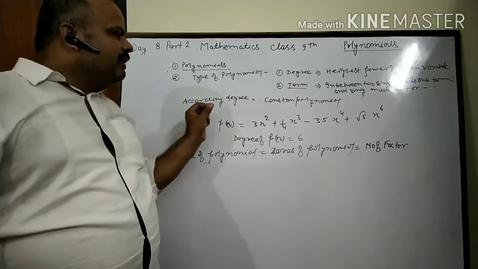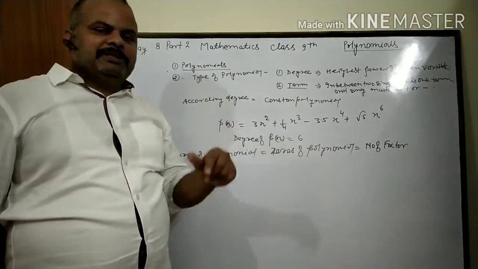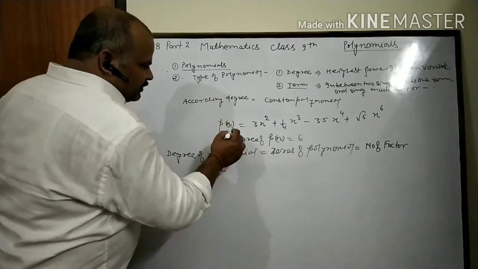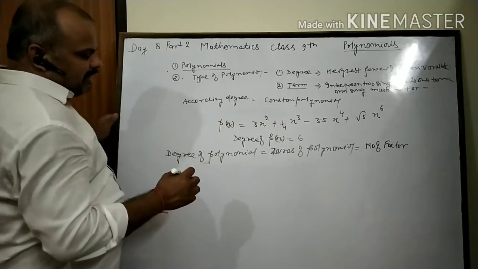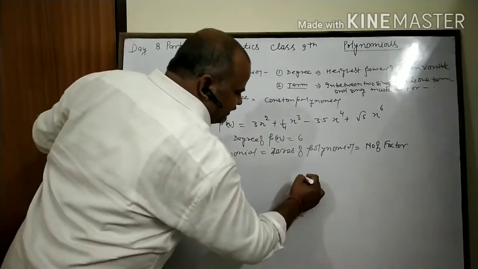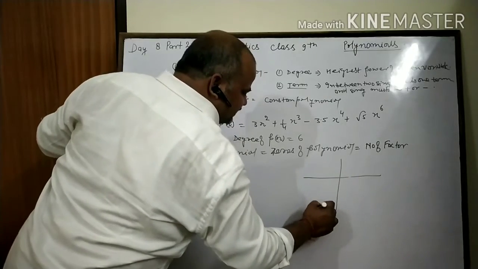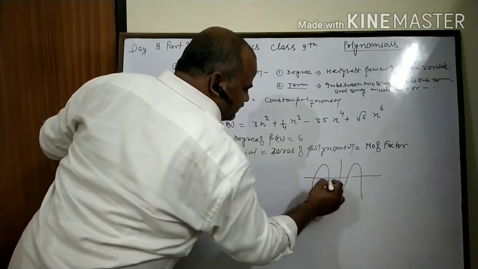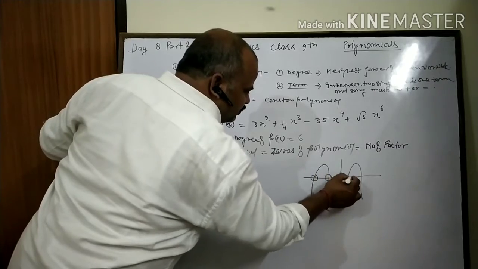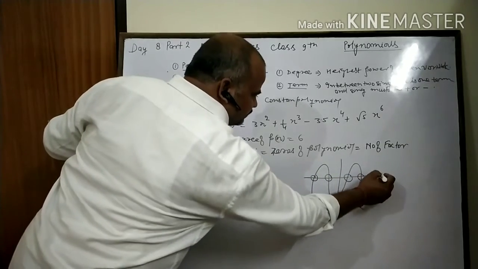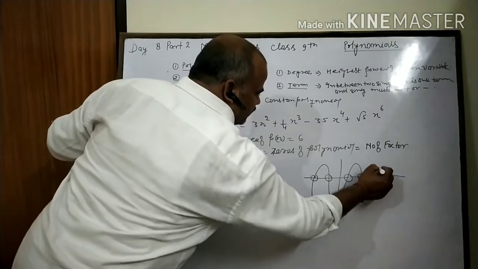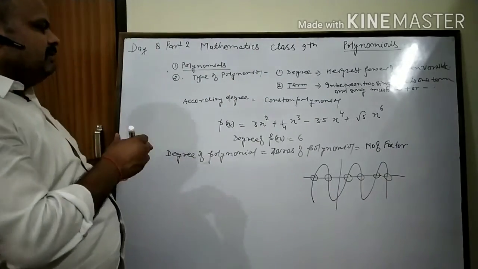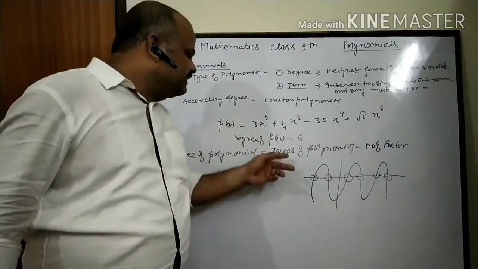And if you can draw the graph of this polynomial, then this polynomial intersects the x-axis at points 1, 2, 3, 4, 5, 6.